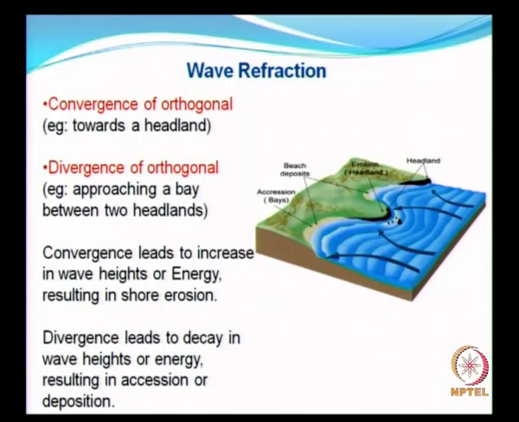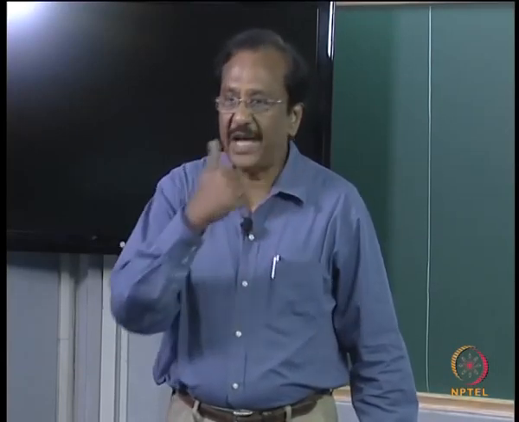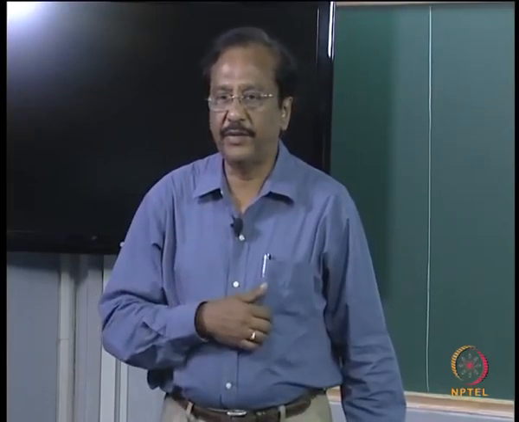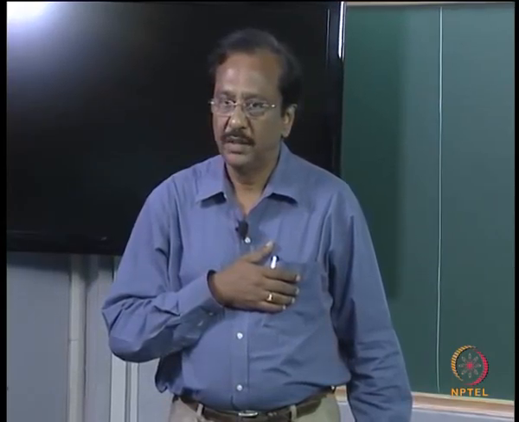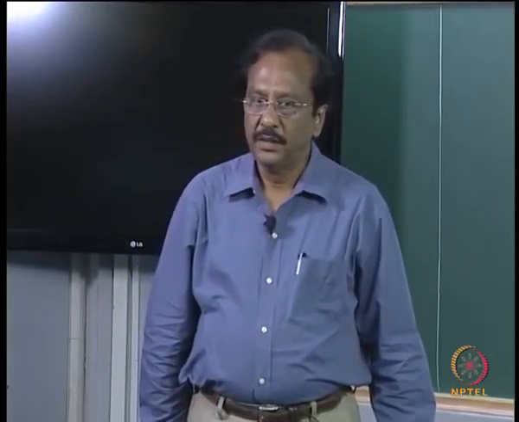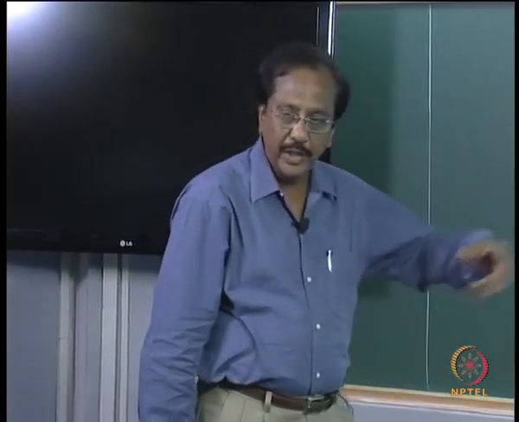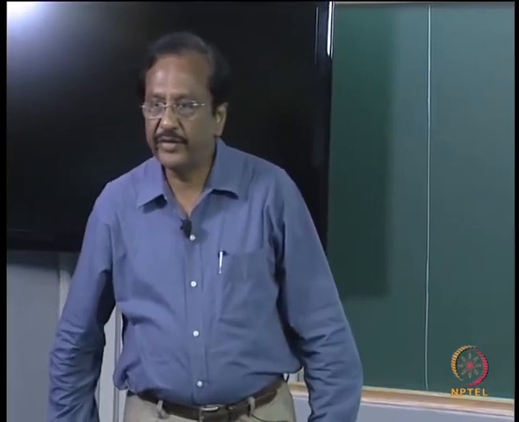What kind of information can you get? As I said earlier, you are supposed to draw such a plot in the planning process of any kind of project, be it a coastal engineering project or a port project, and also to understand the stability of your shoreline.